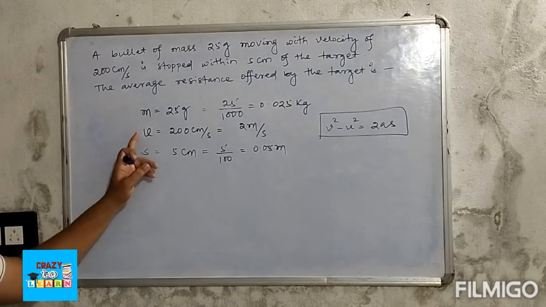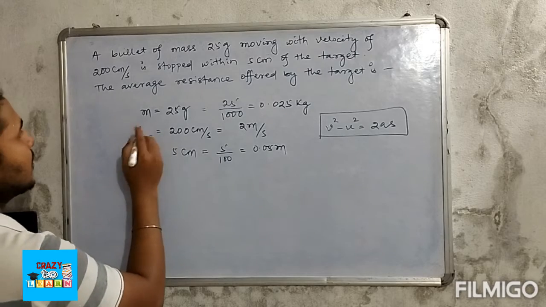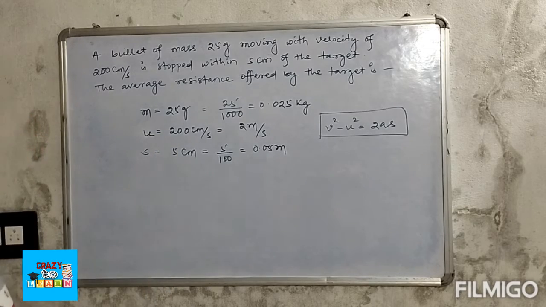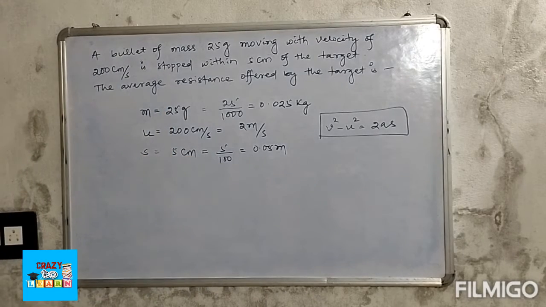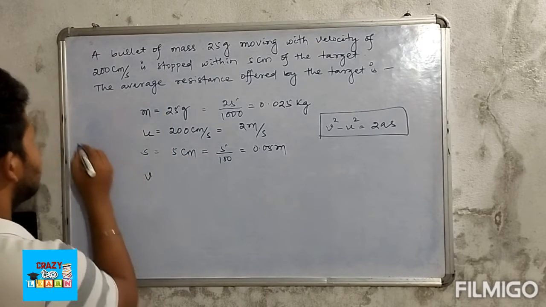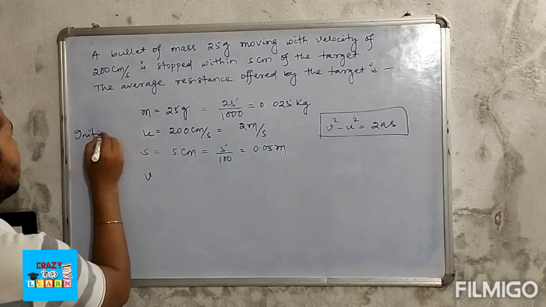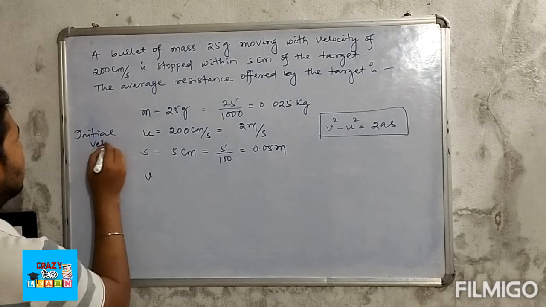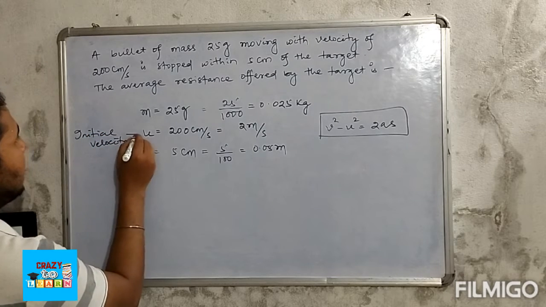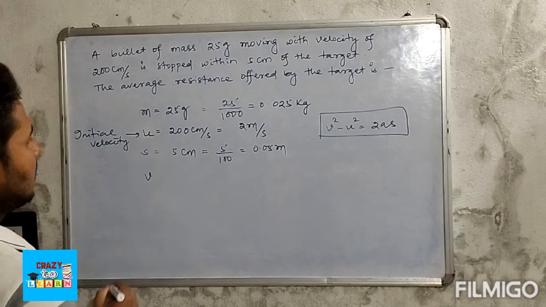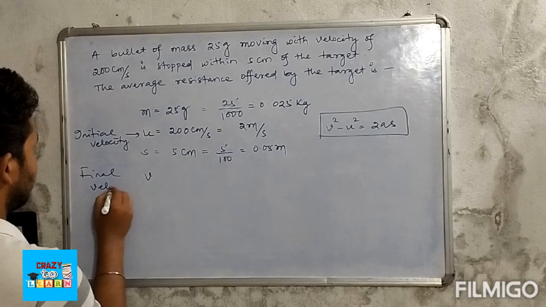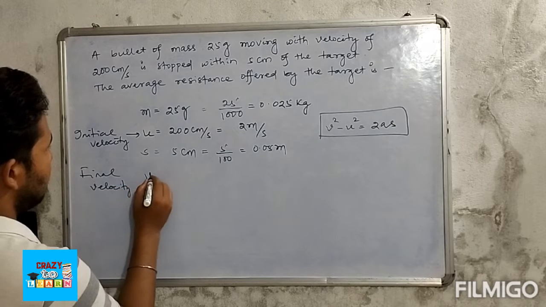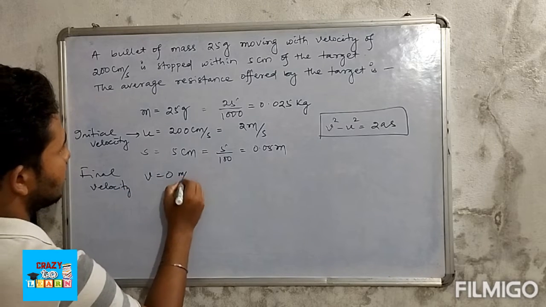It is the initial velocity u, and after moving it stopped, so the final velocity v is equal to 0 meter per second.